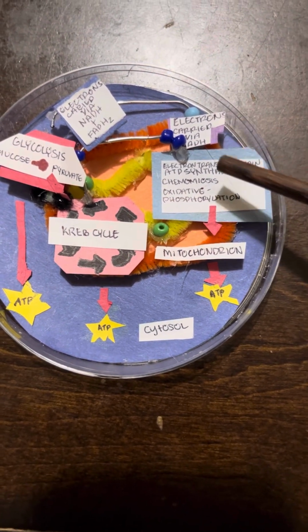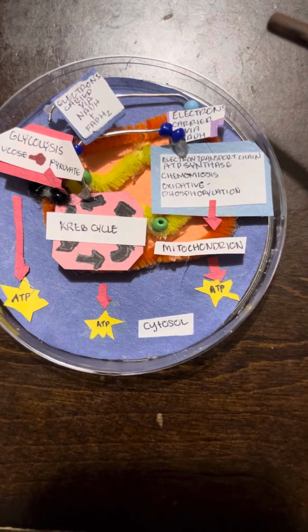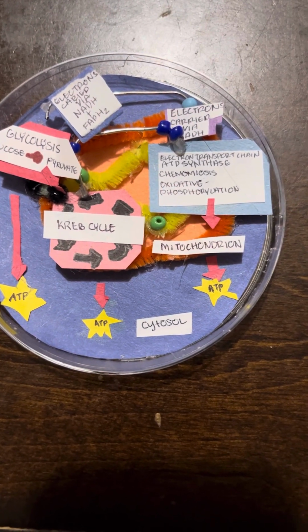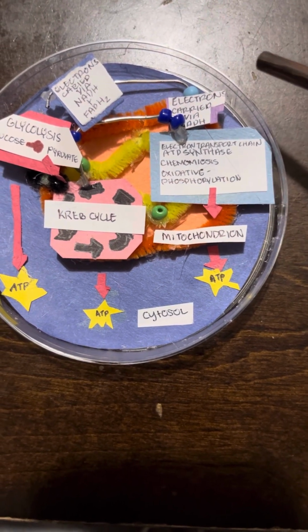Oxidative phosphorylation is located inside the mitochondrial membrane and is an aerobic process, which means it also requires oxygen.